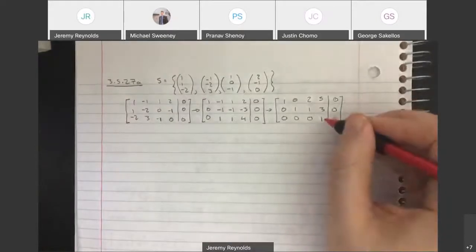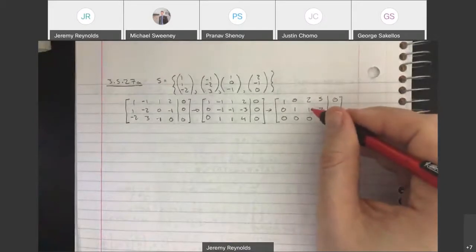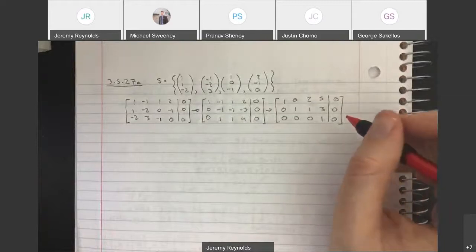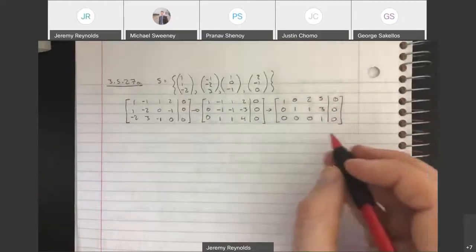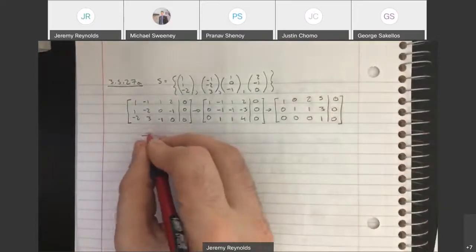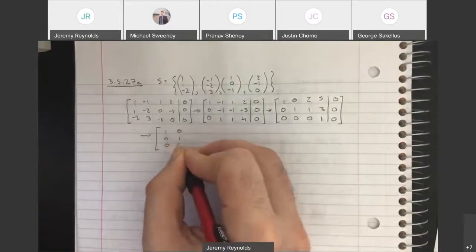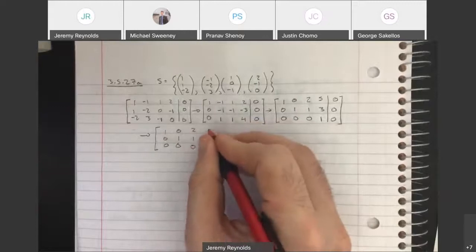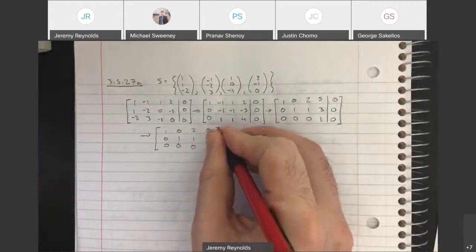And then we can see that we'll be able to get rid of the 3 and the 5 just using the 1. Once we do that, we'll determine that we have the matrix, sorry.